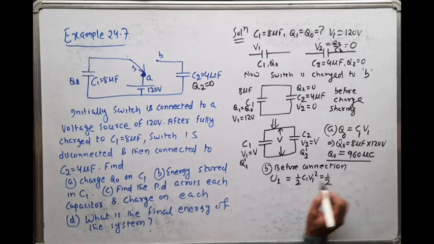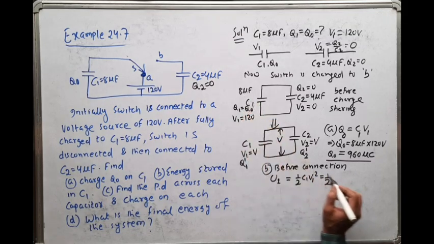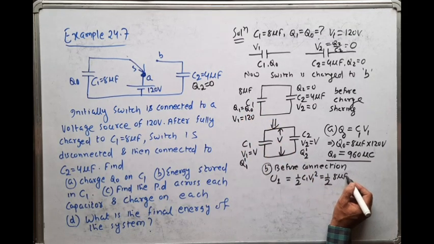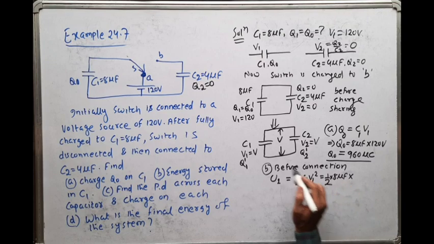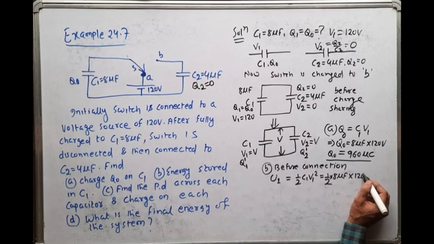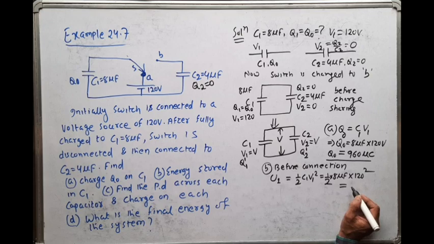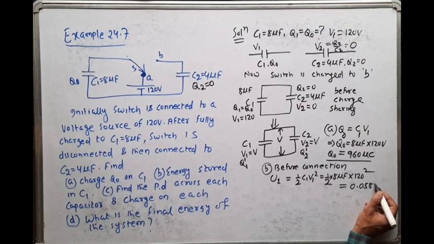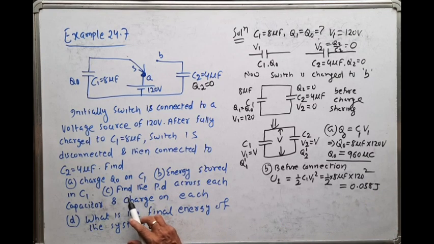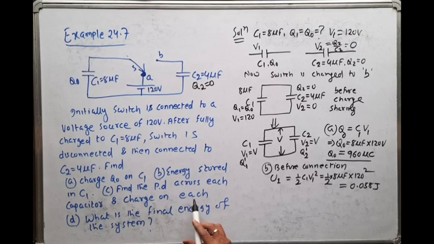That is half, C1 is 8 microfarad, into V1 square. V1 is 120 volt square. So now calculate this. If you calculate, I think it will come 0.058 joule.